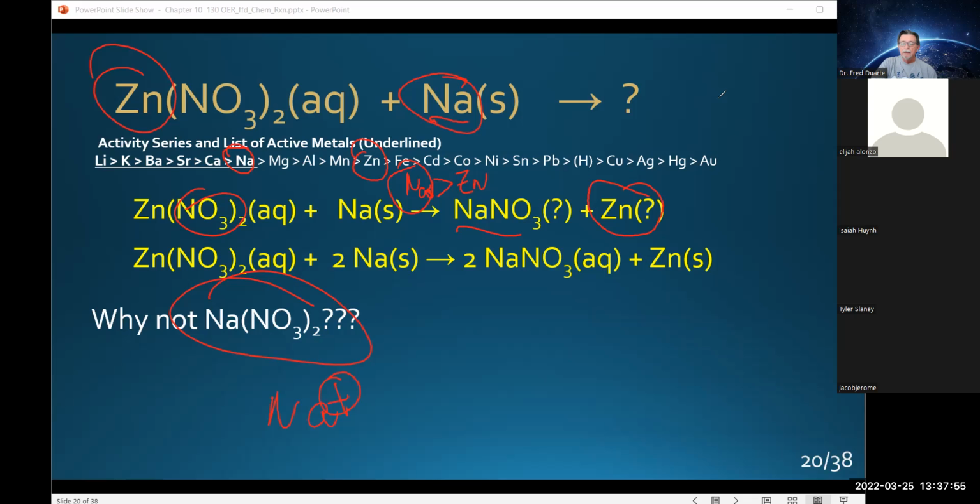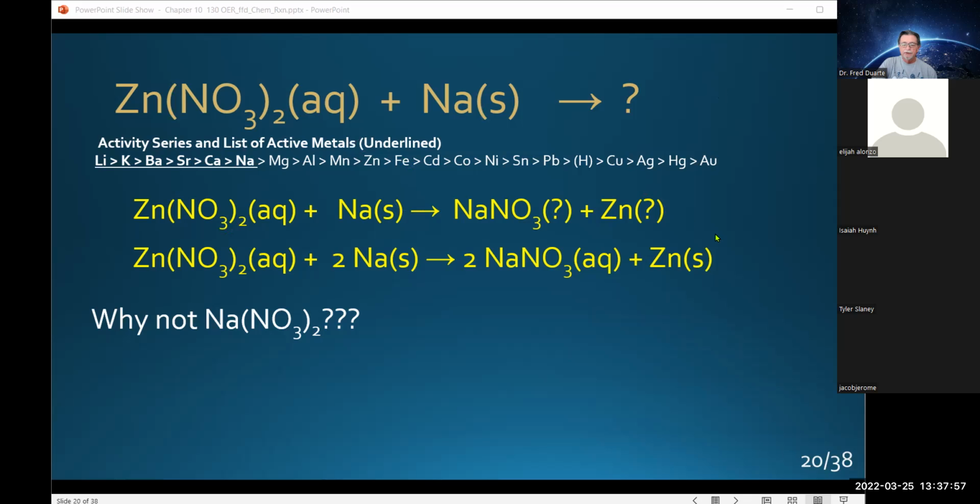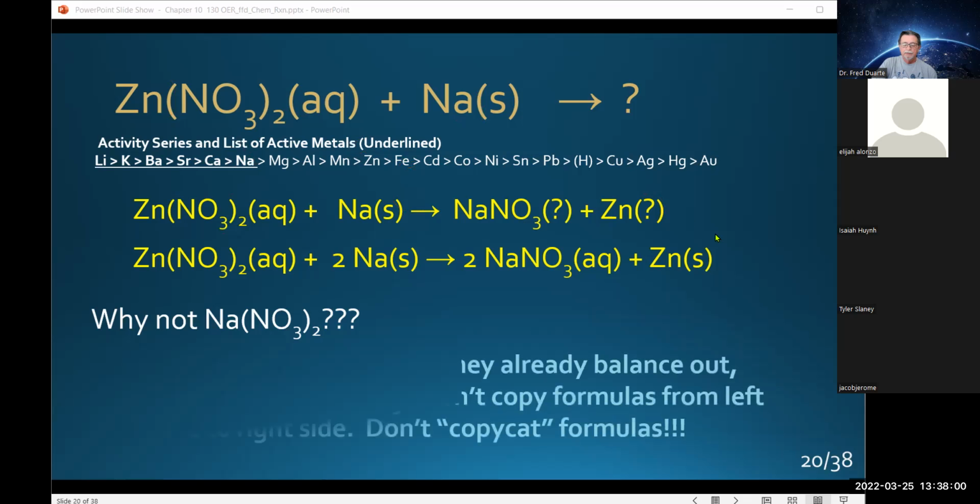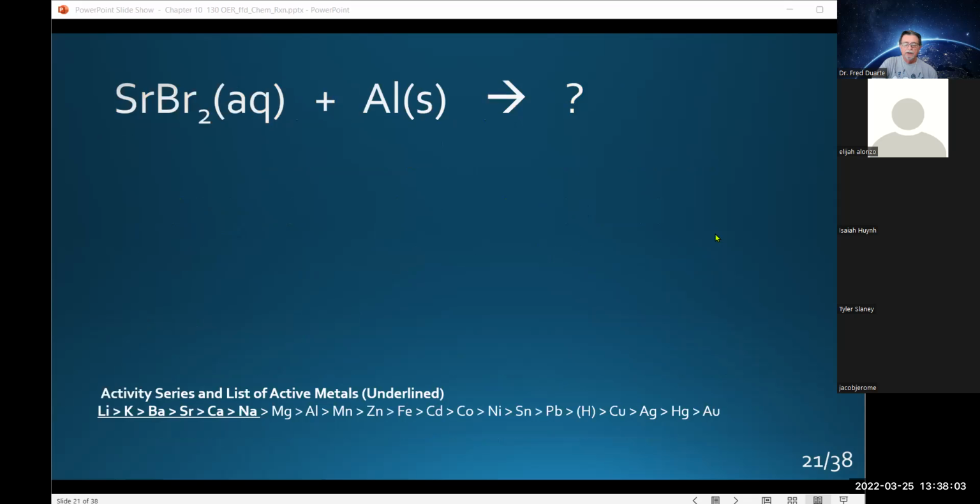Okay. Any questions at this point? All right. Now, here we have another one. We have aluminum in the presence of strontium bromide. The question is, would this reaction proceed? Well, we need to first find the elements on the activity series, and there's strontium, and there is aluminum. Strontium is more reactive than aluminum.